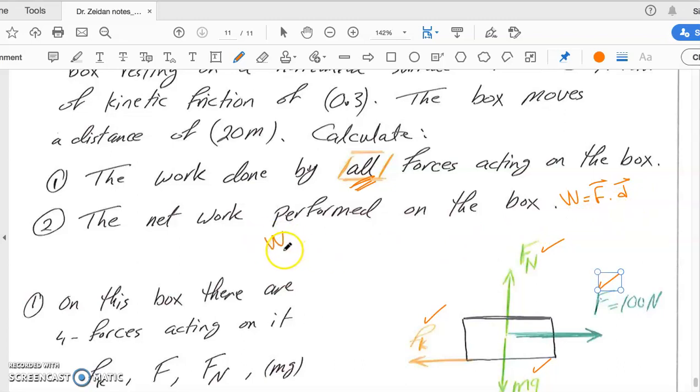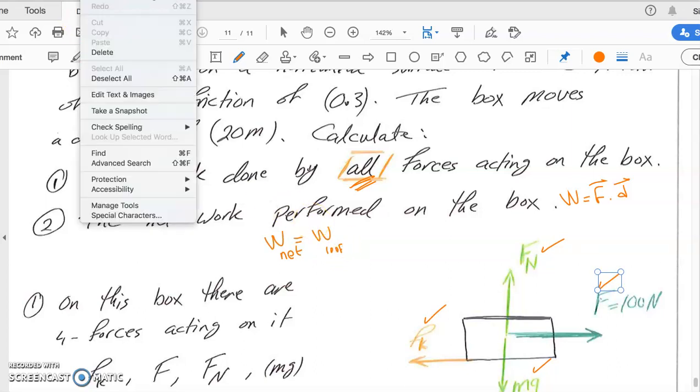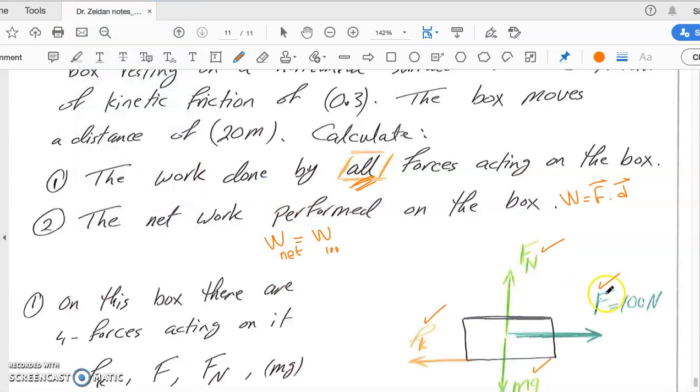How many forces are we going to calculate? The net work, which is the total work, is the work due to the 100 Newton plus the work due to the friction plus the work due to the normal force plus the work due to the gravitational force.